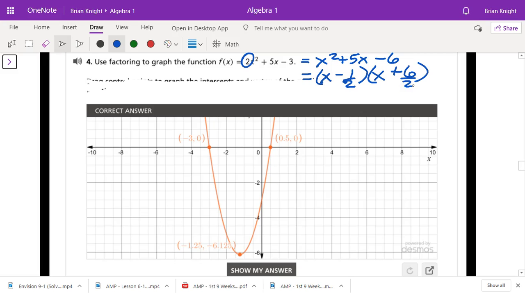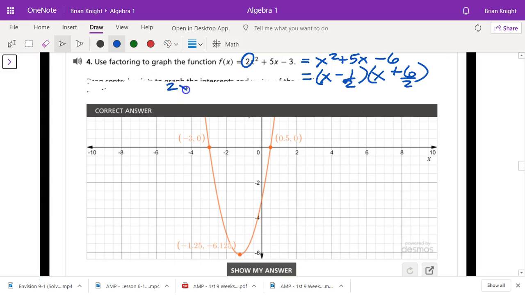Now, for all of you borrowers, listen real close. Normally we move the 2 to the front. Don't do that when you're solving it, okay? Because if you move that to the front, you're going to get 2x minus 1, right? And then you're going to set it equal to 0. And then you're going to move your 1 over, and then you're going to take your 2 that you just moved and put it back on the bottom.